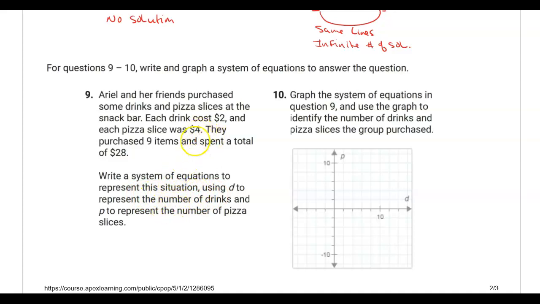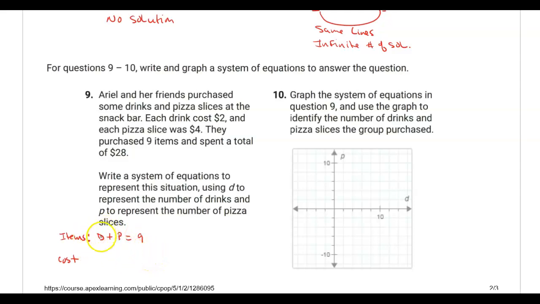So what we're going to do is we're going to write one for the total number of items, and we're going to write another one for the total cost. Those are the two things we know, right? So when we write it for the number of items, do we know how many drinks they bought? No. So that's going to be D. Plus, how many pizza slices did we have? We don't know. But we know the number of drinks plus pizza slices has to add up to 9 total items.